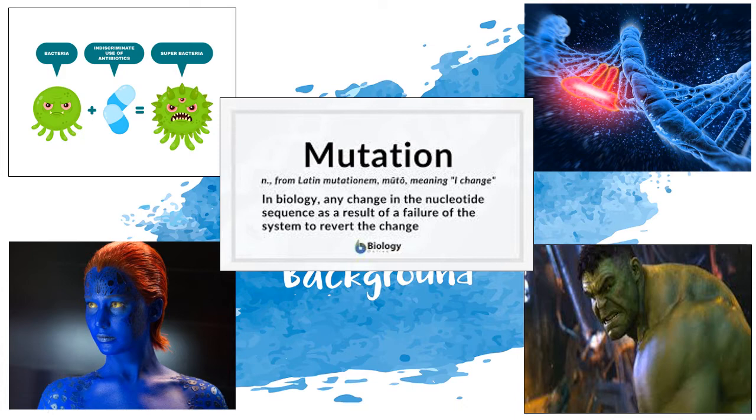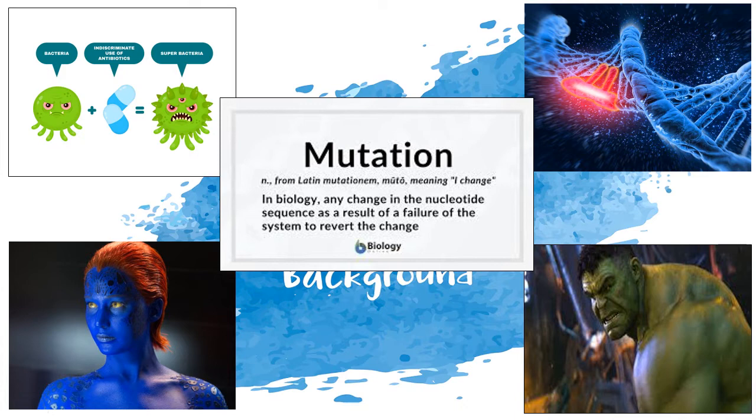For example, if the G suddenly starts bonding with T or the A suddenly starts bonding with C, this will lead to a mutant phenotype. So, we can describe mutation as a sequential change in the nucleotide sequence which results in the failure of the system to revert the change.